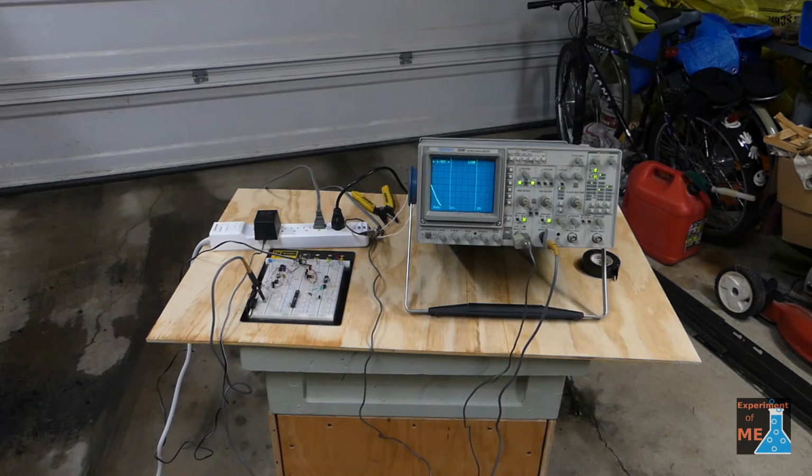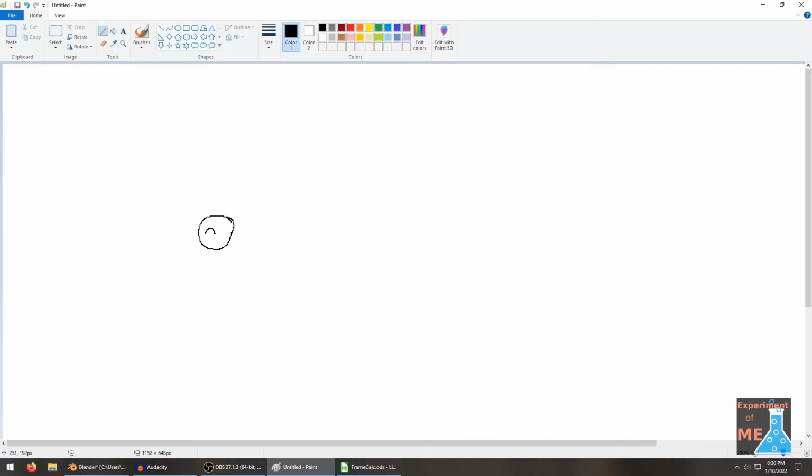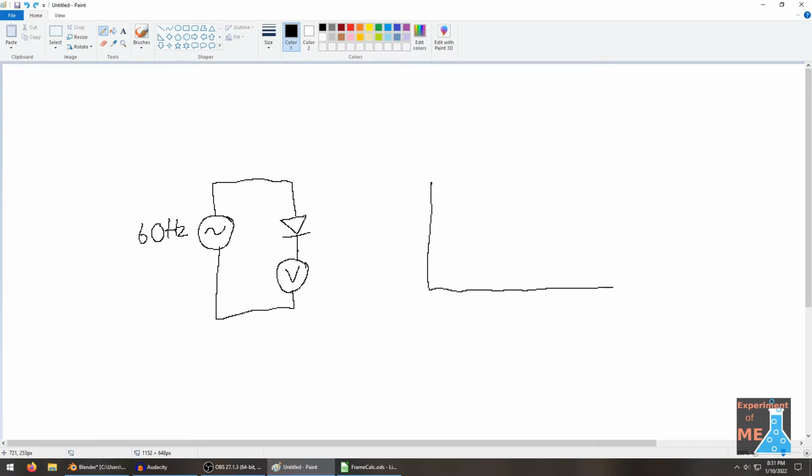It's at 120 Hertz, and the reason why that is because LEDs are diodes, and a diode only allows current to flow in one direction and not the other. So here is how I'm showing the behavior of a diode. It carries current in the positive direction, but not in the negative direction.